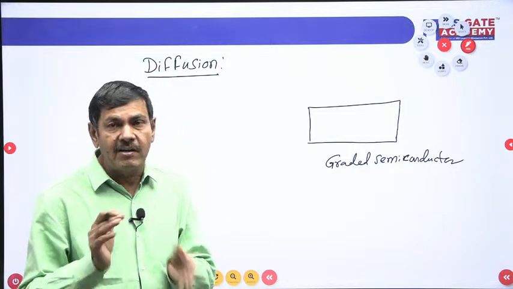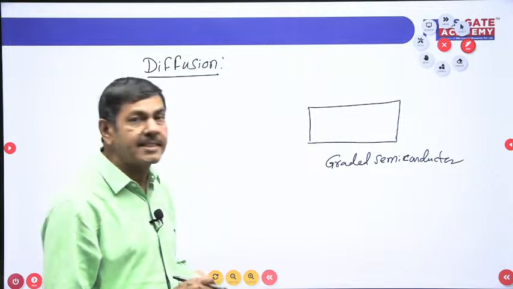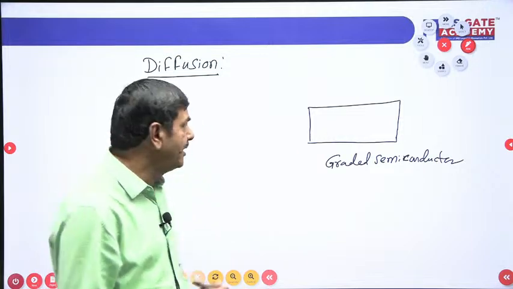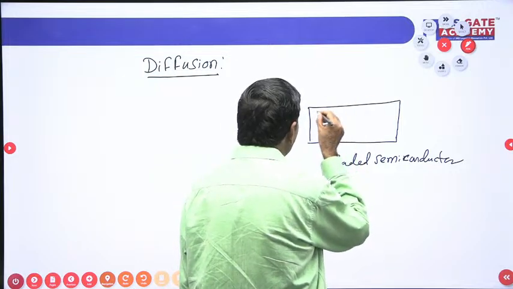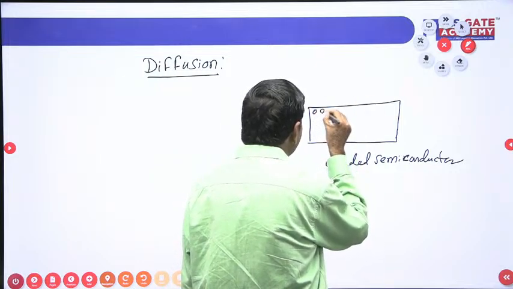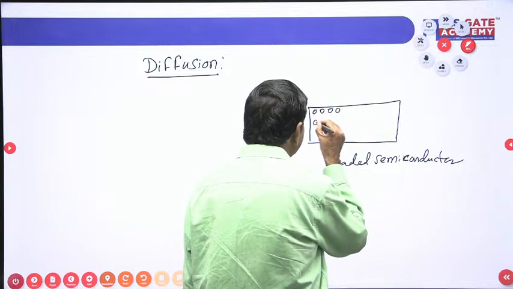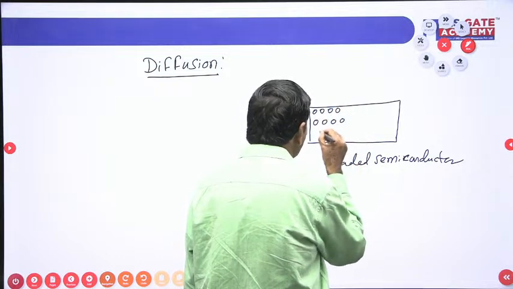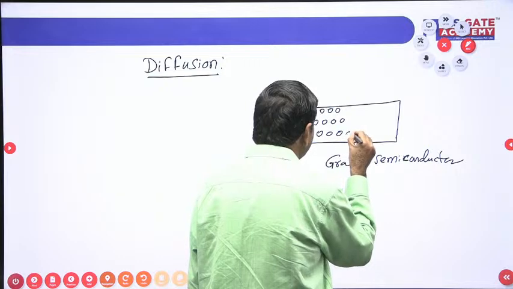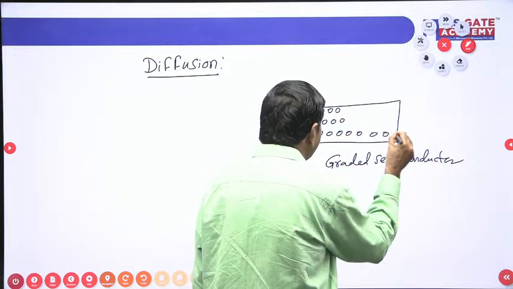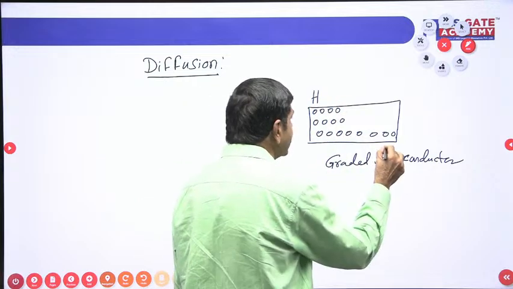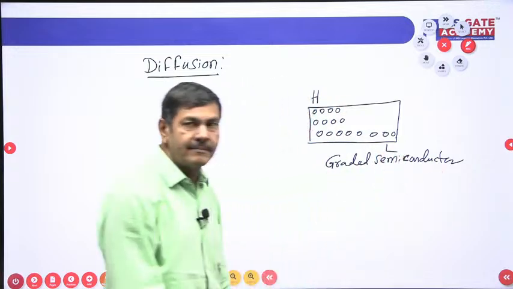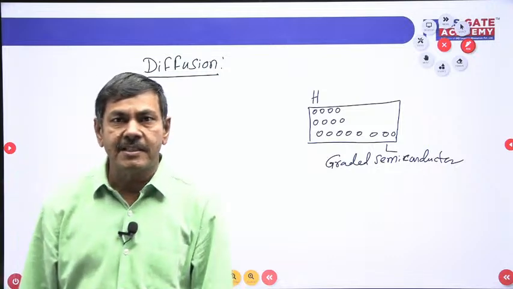Suppose it is a p-type extrinsic semiconductor, the hole concentration must be more on this side, and this side I got the lower concentration. There is a difference of the concentration.